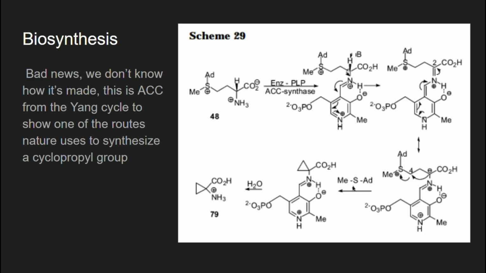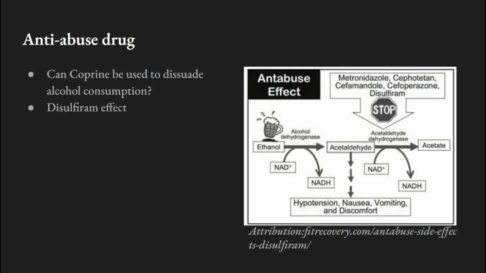Now, back to humans. You might have had the thought, if coprine locks somebody into a hangover state for hours to days, could we use it to help somebody who has alcohol dependency? Well, it's been investigated, and unfortunately, coprine is mutagenic in high doses.